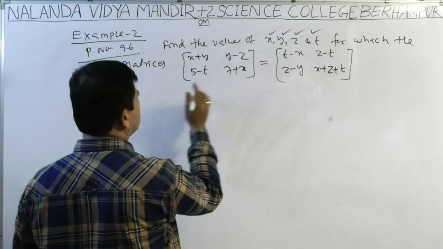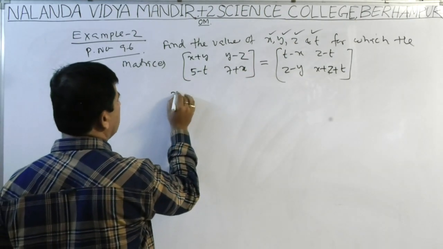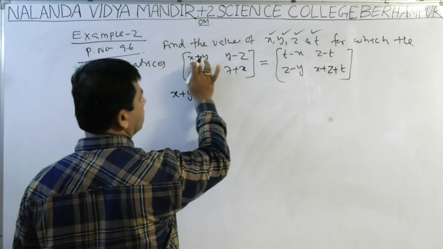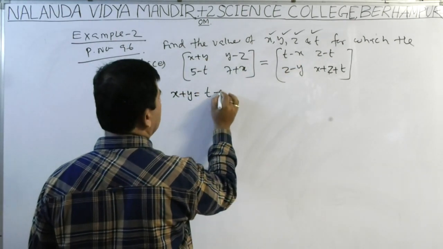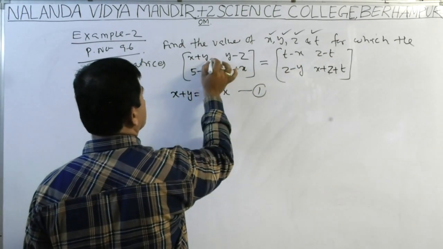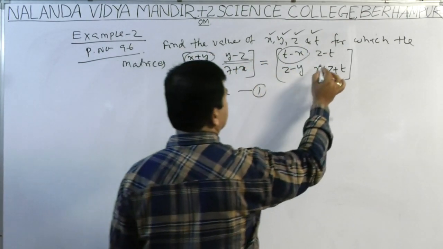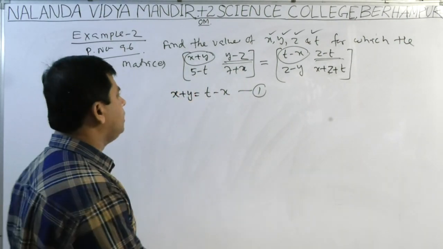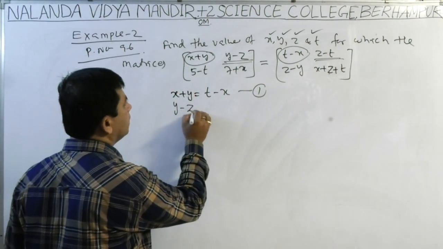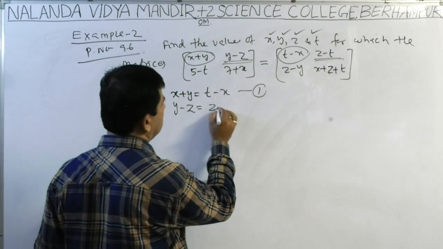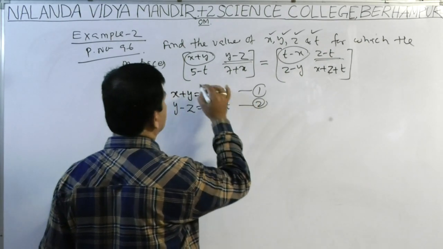from these two matrices we can find x plus y, first column, is equal to t minus x. Y minus z, its corresponding element is z minus t. Therefore y minus z is equal to z minus t. This is our equation 2.